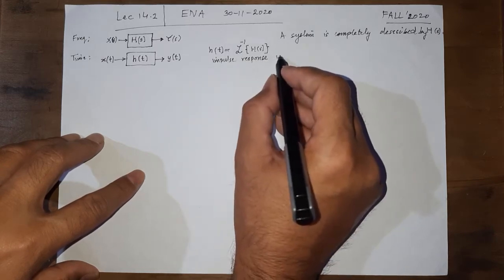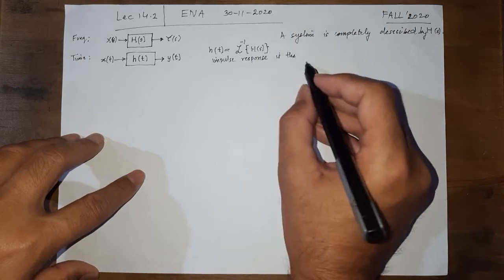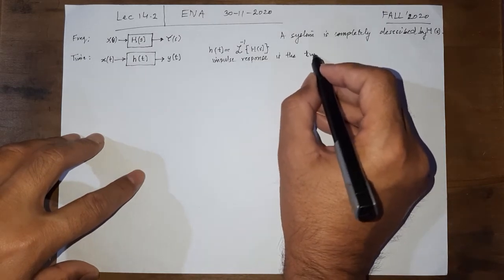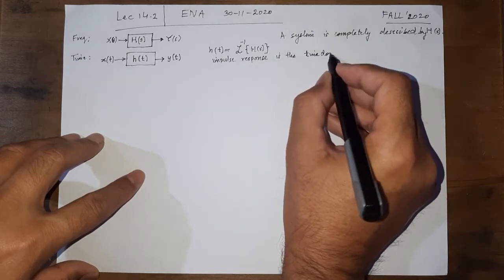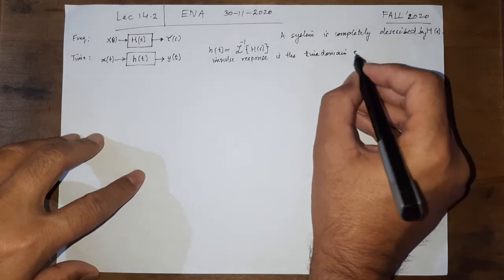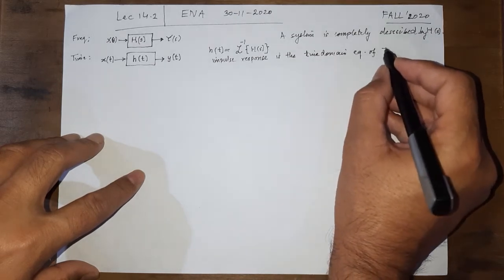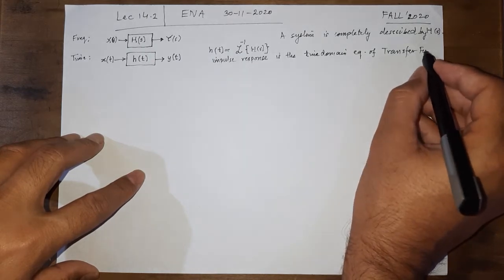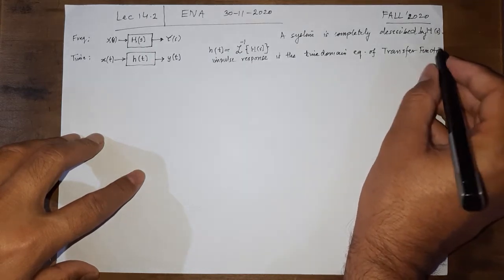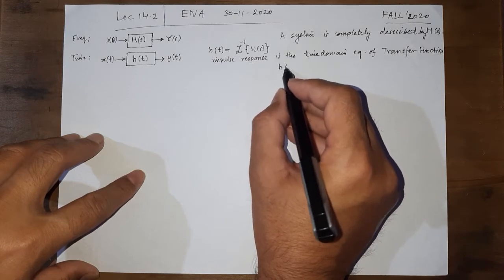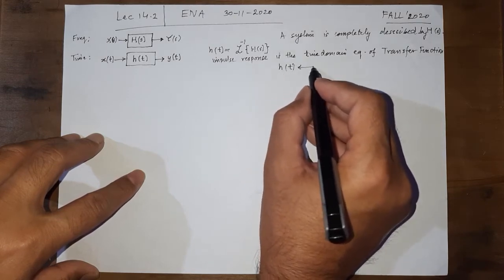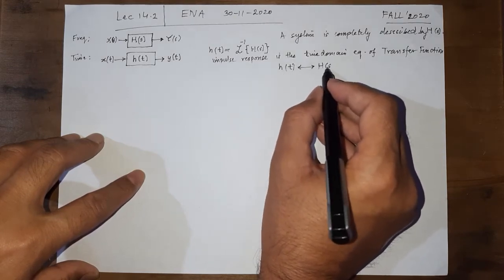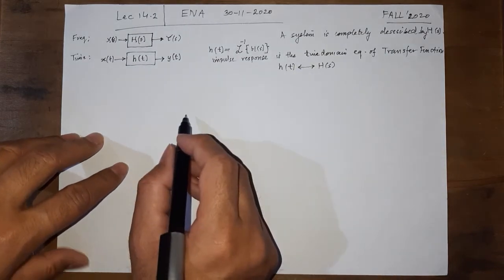Impulse response is the time domain equivalent of transfer function. So basically the impulse response and the transfer function are a transform pair.